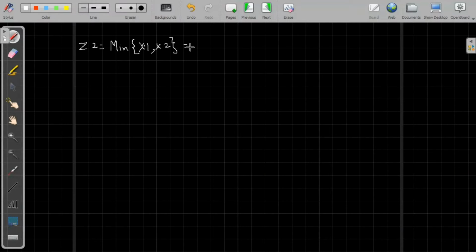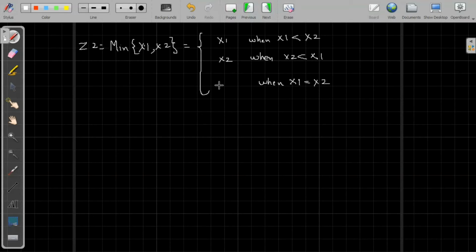Similar to the maximum function, we can expand this function and write it as: z2 will be equal to x1 when x1 is smaller than x2, and z2 will be equal to x2 when x2 is smaller than x1, and when x1 and x2 are equal, then z2 will be equal to x1, or we can use either x1 or x2.